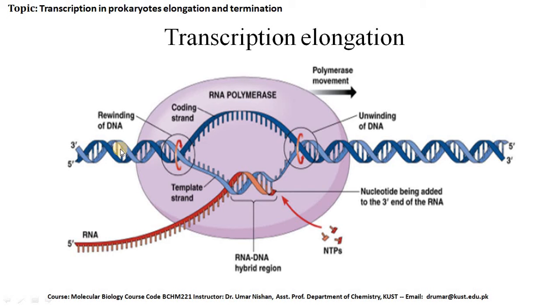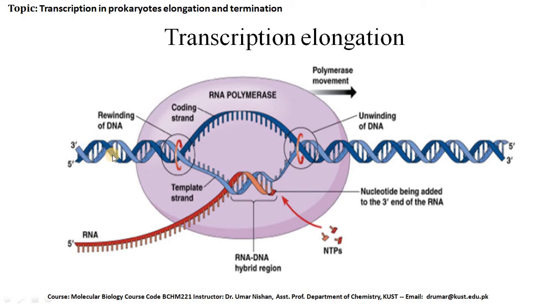So you see, now this RNA polymerase is moving in this direction. You see the arrow. It is showing the direction of the movement of RNA polymerase. Now this is the newly formed RNA that has been transcribed from DNA.